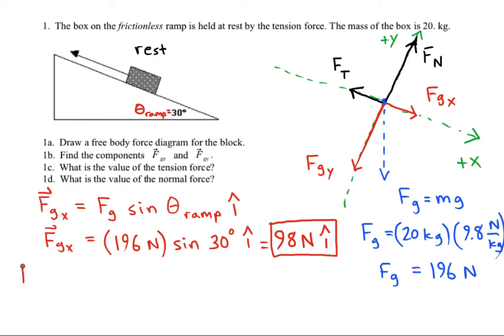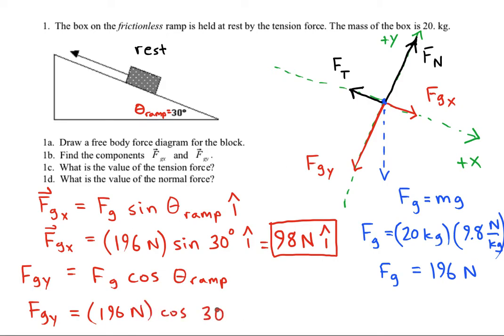Alright, so now let's try Fgy. Fgy has the formula Fg cosine of theta ramp. Now if we're to plug those things in, let's see what value we get. 170 newtons.